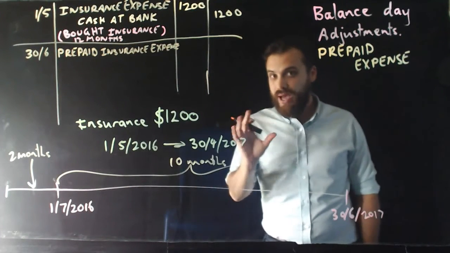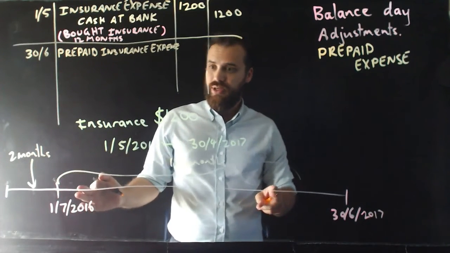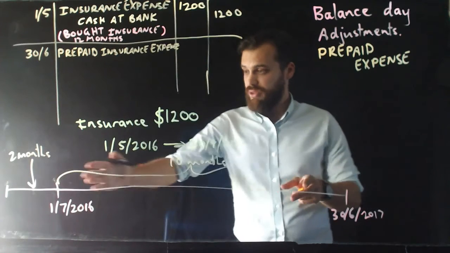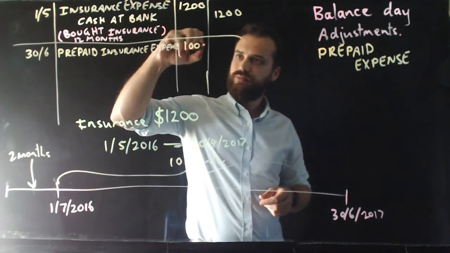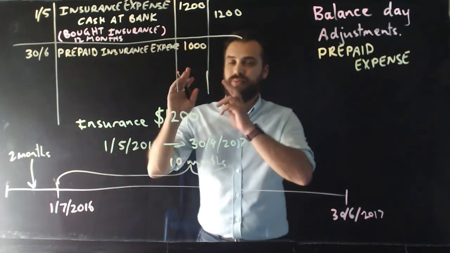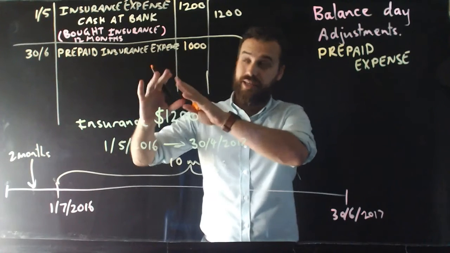Okay, and that prepaid insurance expense is 10 months of prepaid insurance. So $1,200, that's $100 a month. So that's $1,000. So don't get fooled. Prepaid insurance expense is an asset.